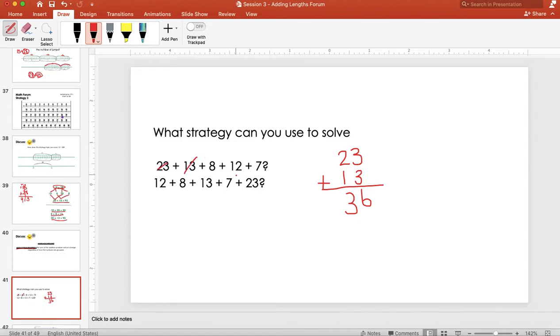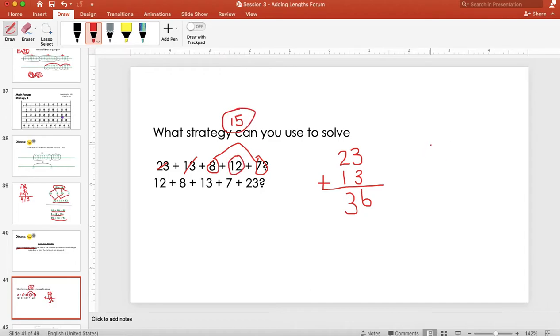Now I'm going to add these two numbers together. Actually, I am going to add 7 plus 8 together because I know 7 plus 8 is 15. So these two numbers equal 15. Okay, and then I'm going to add 15 to 12.